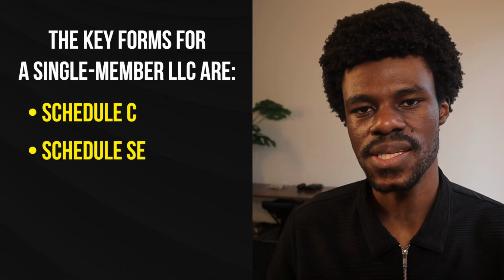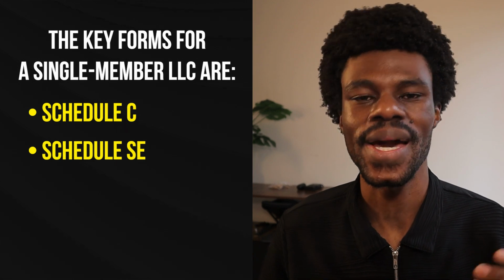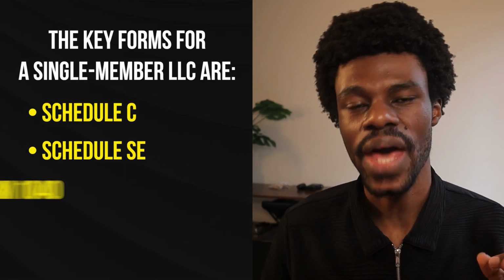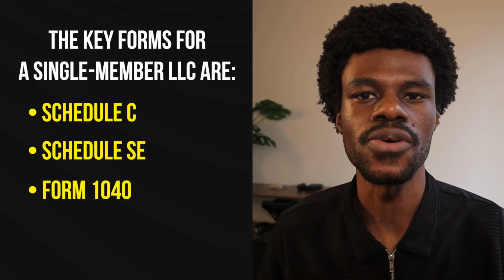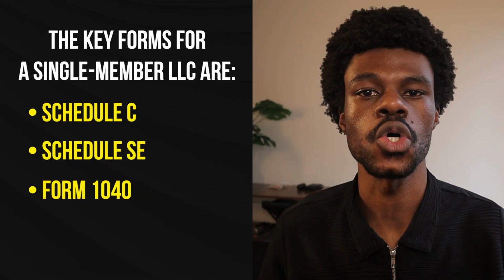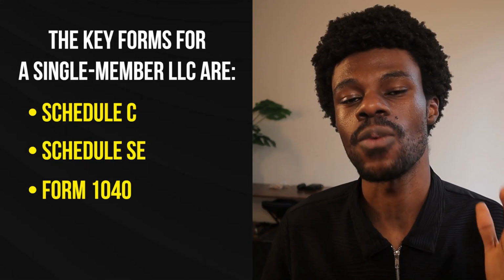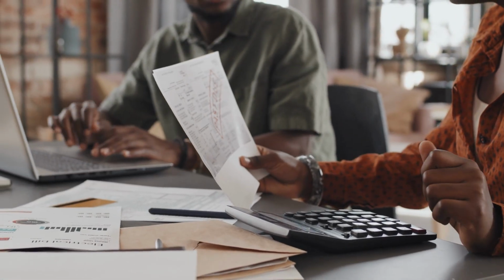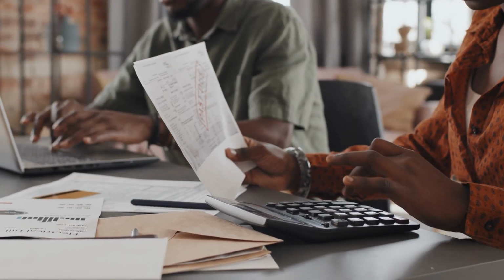The Schedule SE form is what you use to calculate your self-employment tax, and your Form 1040 is what you use to show your personal tax return that will tie everything together. Also, if you qualify for the qualified business income deduction, that gets calculated and will apply onto your 1040 form as well.